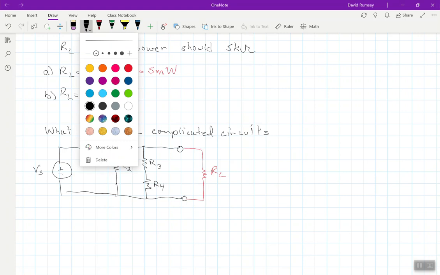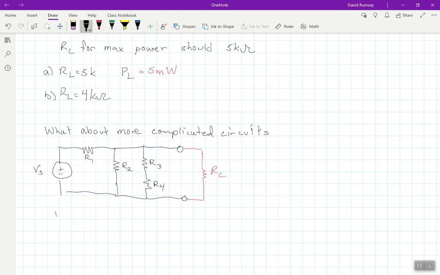We should ask our question now: what should RL be in this case?